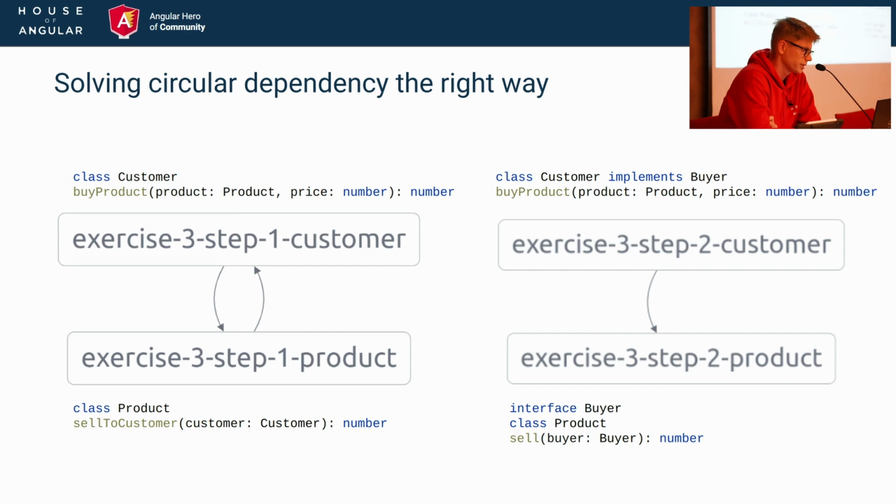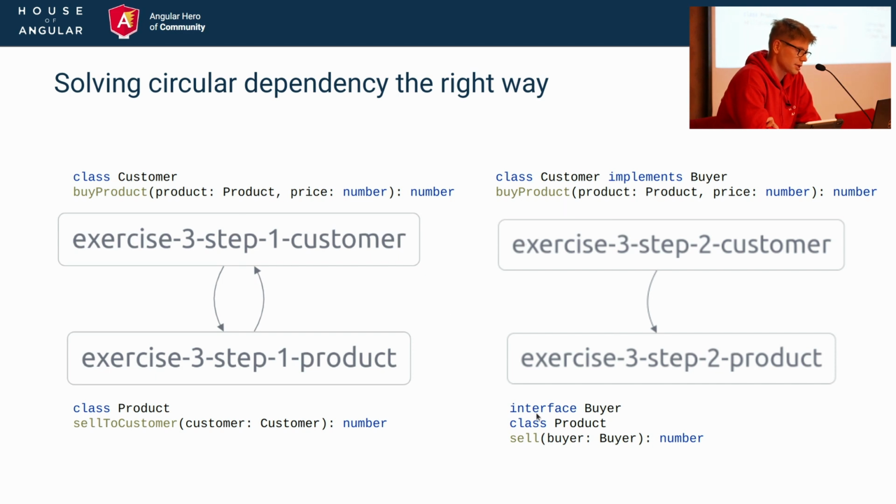Maybe you will decide to split those objects into two libraries. And on the left, you see that our customer class was relying on the product, and our product was relying on the customer. So we had a circular dependency.